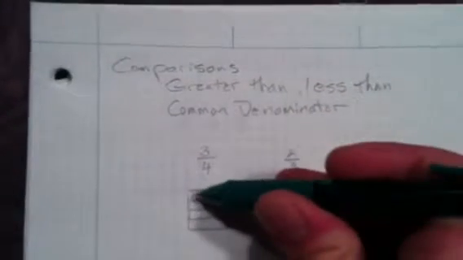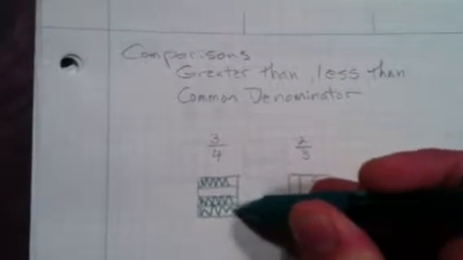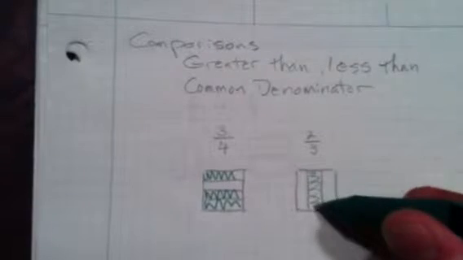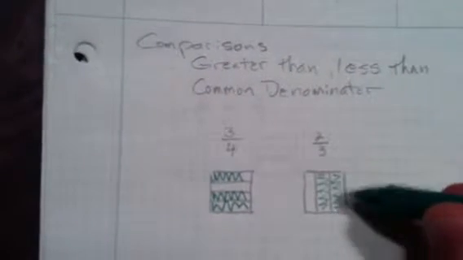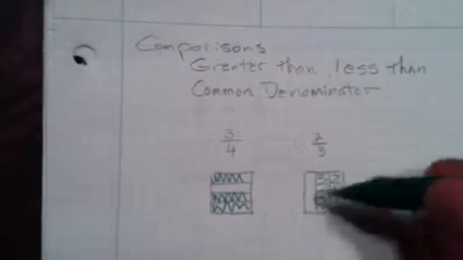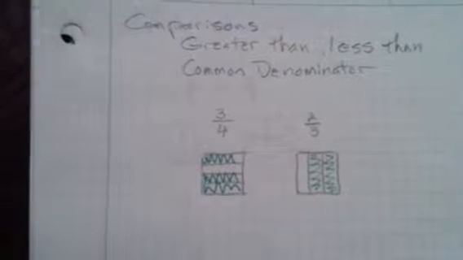So for 3/4 I would have to choose 1, 2, 3 of those pieces to work with. 2/3, similarly, I'll choose a couple of those. And I want to figure out, say, which is the greater one. And the problem is they're just different shaped pieces, so they're not directly comparable.